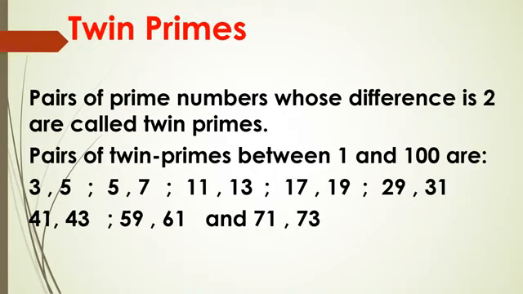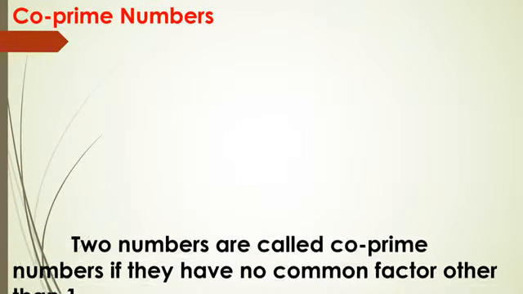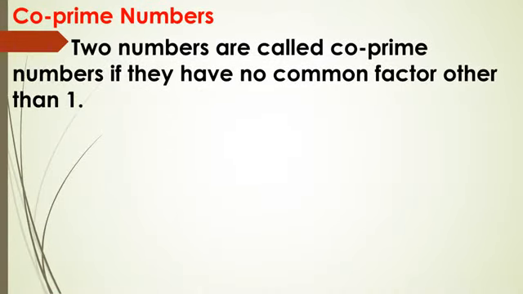Now let's move to co-prime numbers. What are co-prime numbers? Two numbers are called co-prime numbers if they have no common factor other than 1. Common factors you all know how to find. If you are getting only 1 as their common factor, then those numbers are called co-prime numbers.